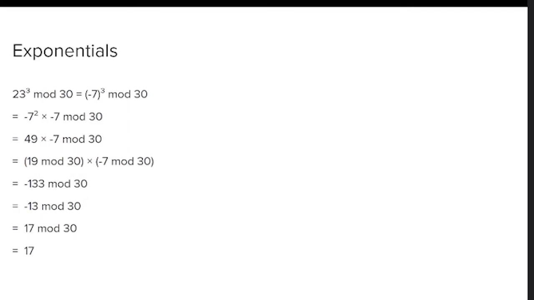The last operation is exponentials, and এখানে there's another thing which you need to be very clear of. Look at the very first line, you have 23 cube mod 30, যেটাকে আমরা লিখছি as -7 cube mod 30.